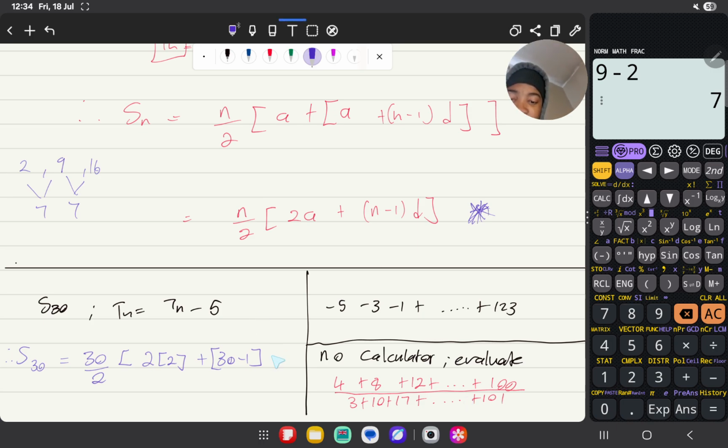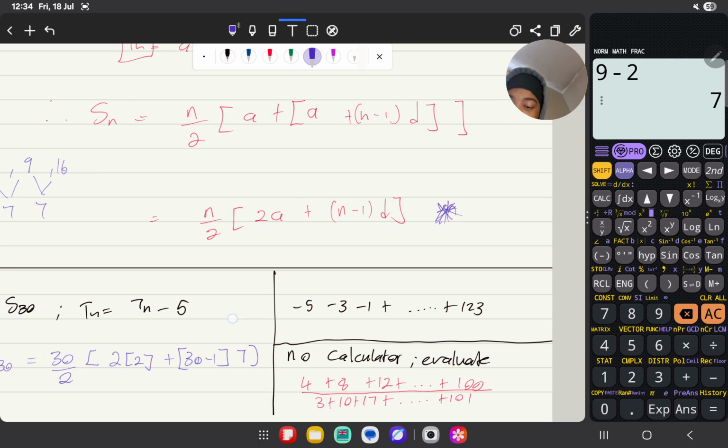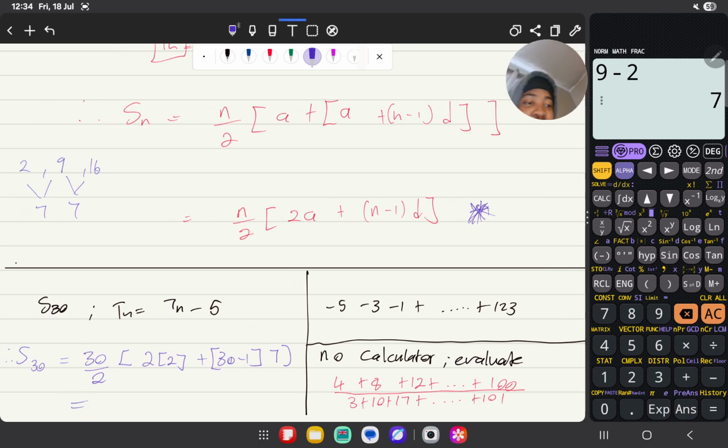So then I substitute 7 here, right? And then I just go to my calculator. I'm like 30 divided by 2, right, multiplied by 2 times 2 plus 7 into 30 minus 1, right?